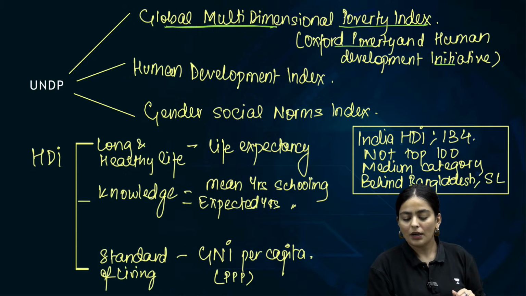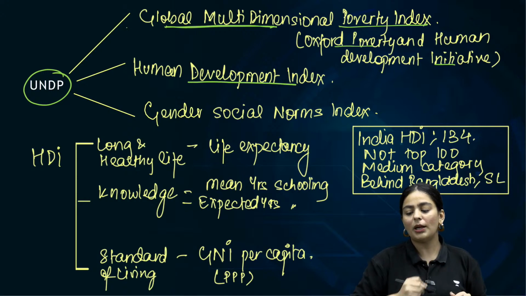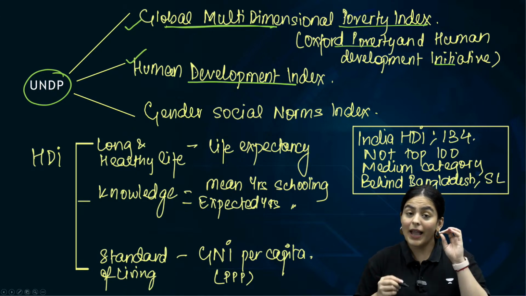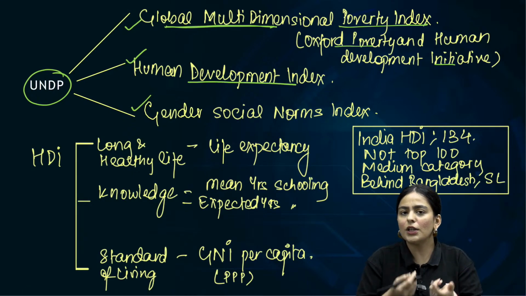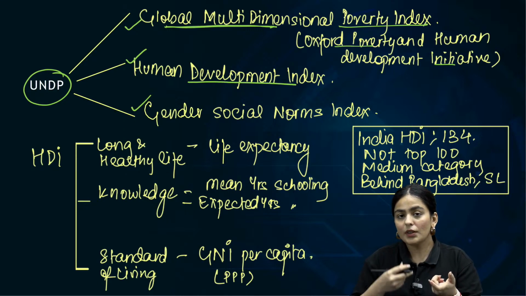The same organization is responsible for the Global Multidimensional Poverty Index, the Human Development Index, and also the Gender Social Norms Index. What do they do in the Gender Social Norms Index?